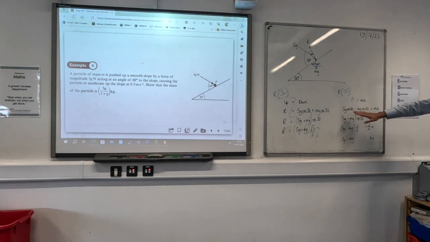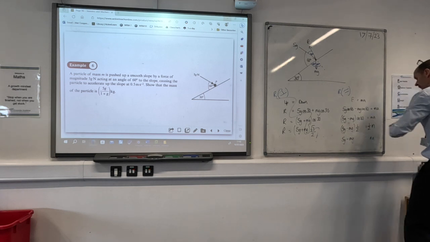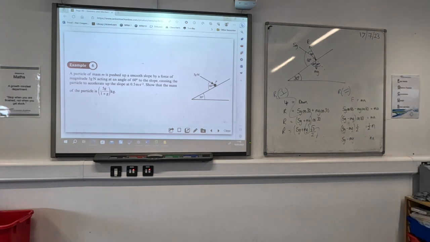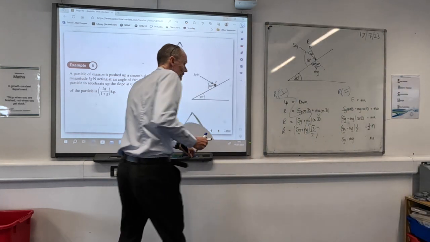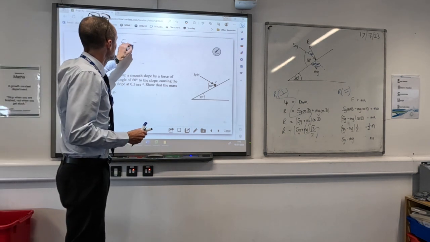So I did my F equals ma. That's the 5g force. This is the weight pulling down. That's equal to mass times acceleration. I factorised cos 60, which is a half, and I also eventually read that the acceleration was a half, so that's a half m. So I can double both sides to get to there. I want an m equals expression, so I get to use my favourite maths technique, don't I? Where I've got two m's, so I'm going to leave the 5g on its own, and I'm going to add the mg to both sides.